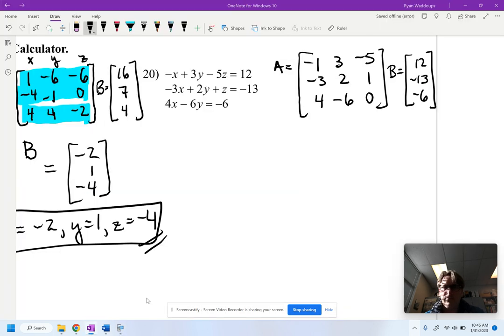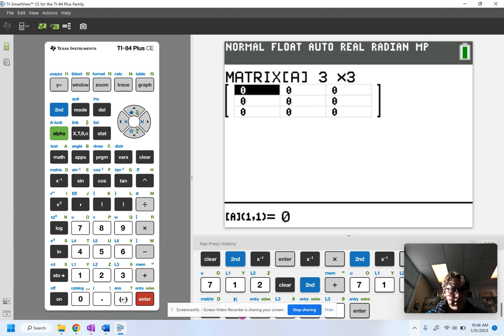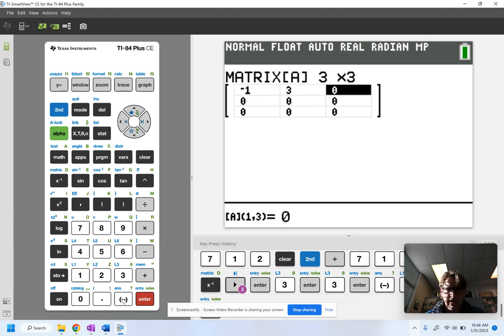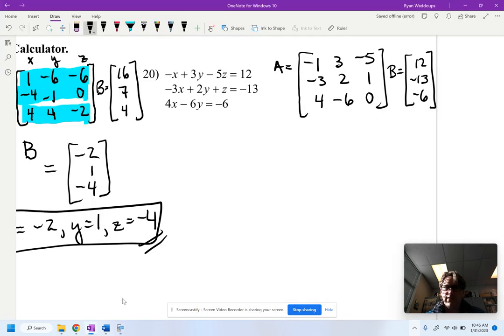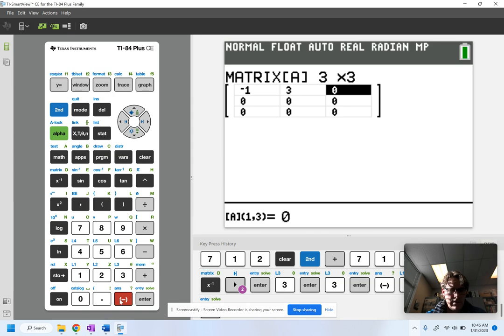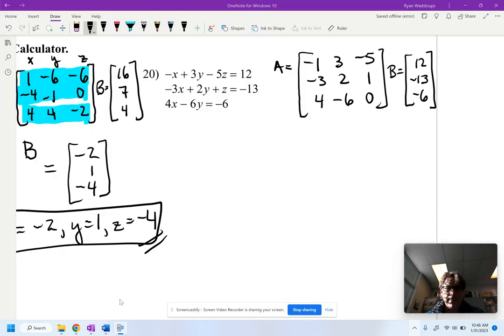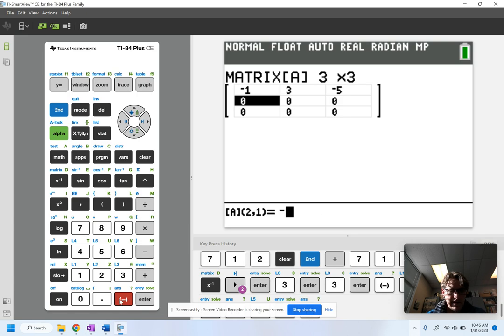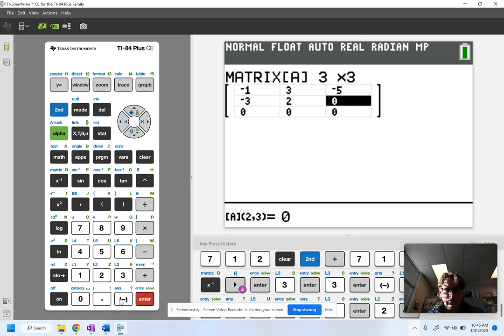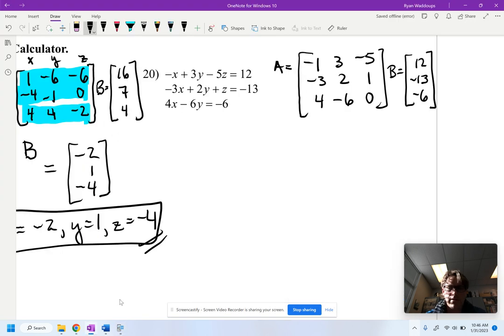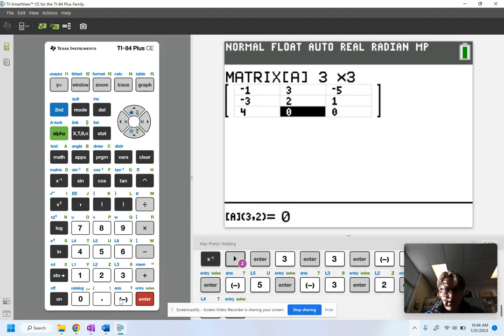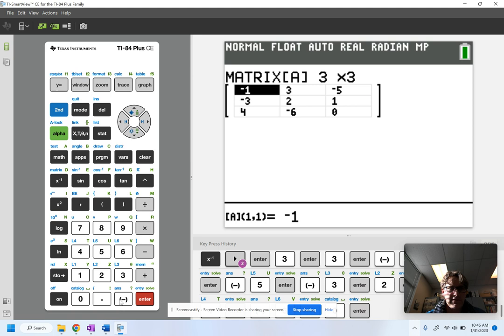Enter the values negative 1, 3, negative 5, negative 3, 2, 1, 4, negative 6, 0. There's our A matrix entered in.